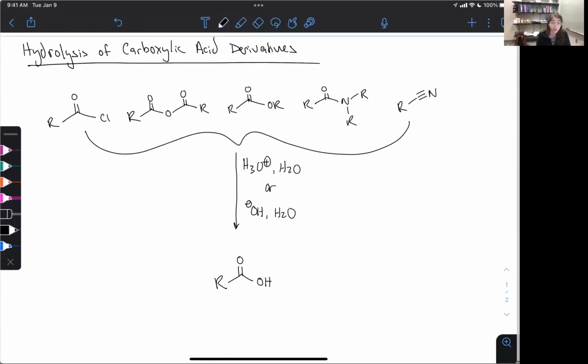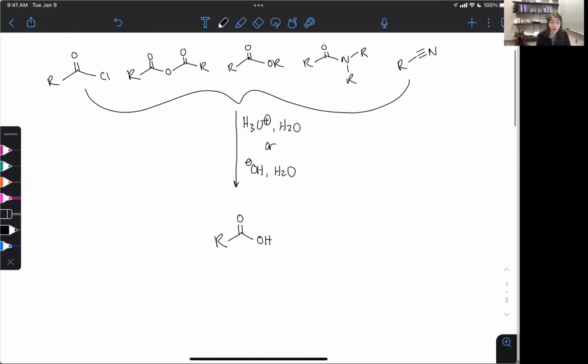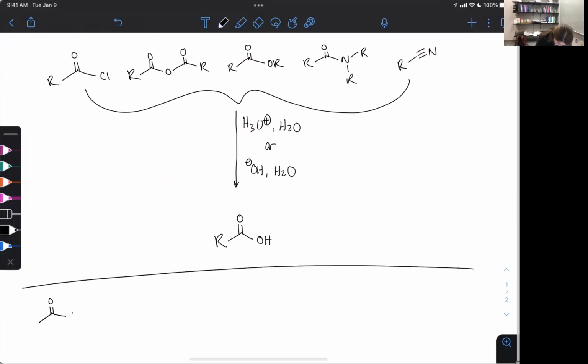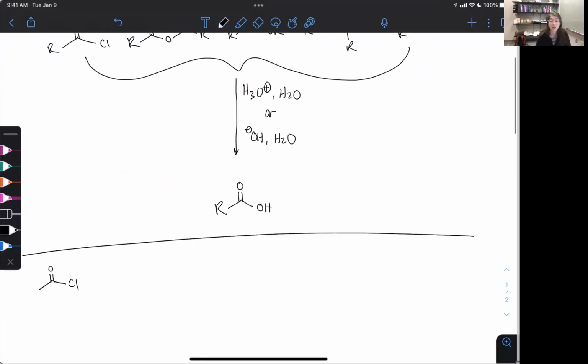Alrighty, so we're going to start with the acid chlorides. I'm going to go left to right here, and we're going to do the mechanisms. Hopefully by the time we get to the end, you'll see that they are very, very similar mechanistically, which is why I grouped all the acid ones together.